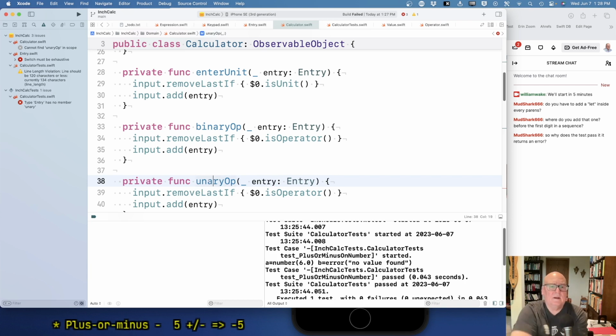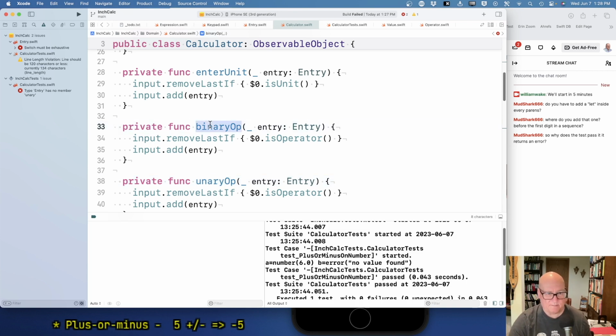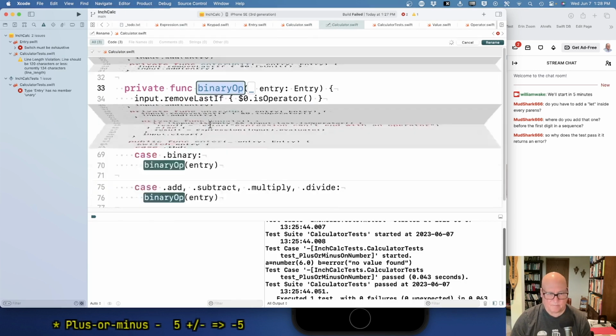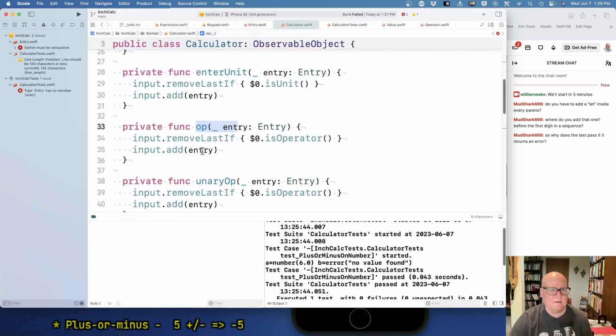Unary op. Okay. So if you have an operator, I mean that is a bad case. So you say 7 plus or minus. It's a postfix operator, so that really maybe should remove that. I guess I could have got by with op.